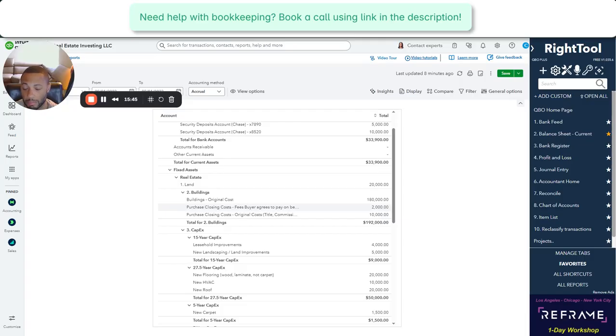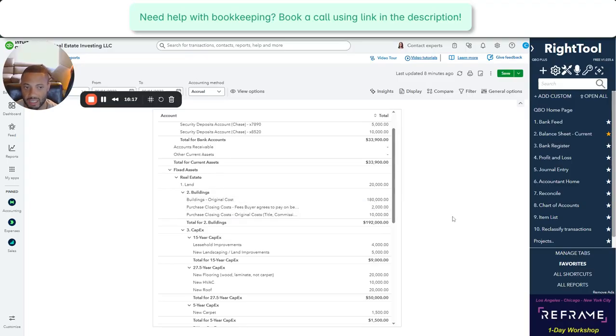So the seller concessions, any concessions, and then also whatever else is left over. So your title, commissions, assignment fees, so on and so forth, right? So these items would be on a depreciation schedule. So it'll have the building amount depreciated, closing costs, the concession fees, and then closing costs remaining will be on its own depreciation schedule.